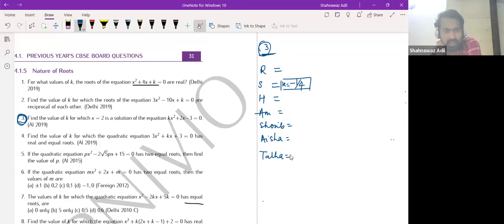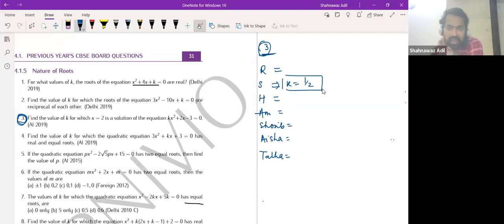So we are doing this third question. Sir, I want to change my answer. K is 1 by 2. Okay, so in this class we can do that, right?